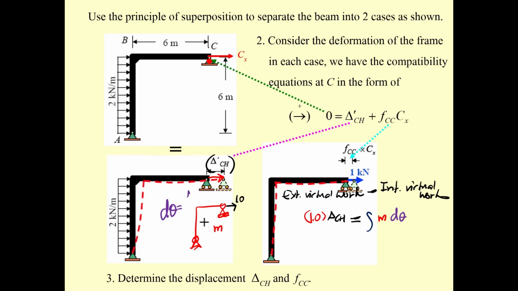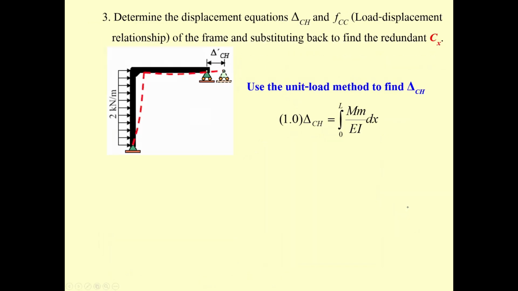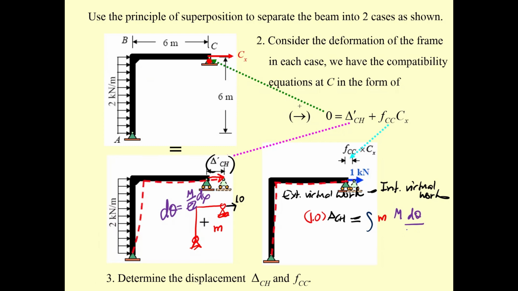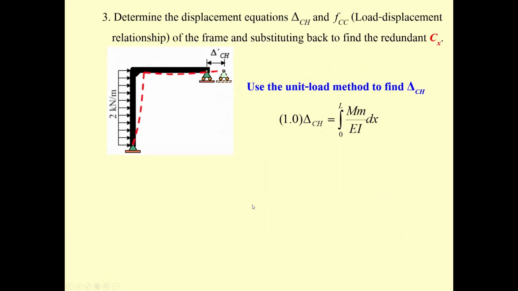The d theta can be written as capital M, the bending moment inside this frame, times dx, divided by EI. And then your problem comes down to the basic one: determine capital M from this frame and determine small m from this frame. We go to the next step.